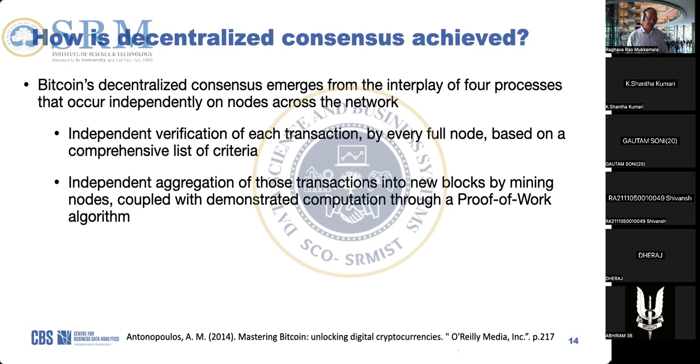So for example, let's say that you have a miner A and miner B. Let's say that both the miners are working on creating the new block, right? And for the sake of simplicity, each block contains 100 transactions.